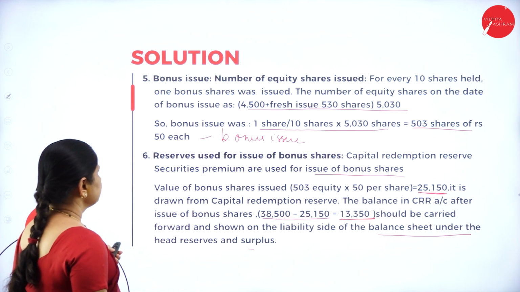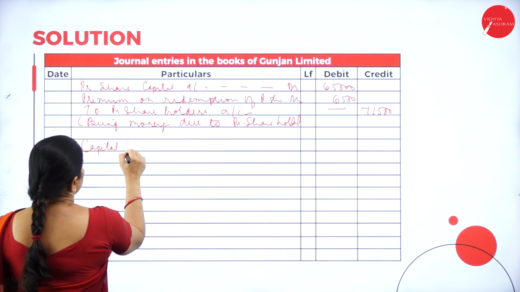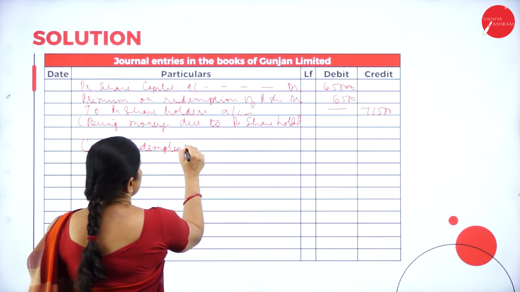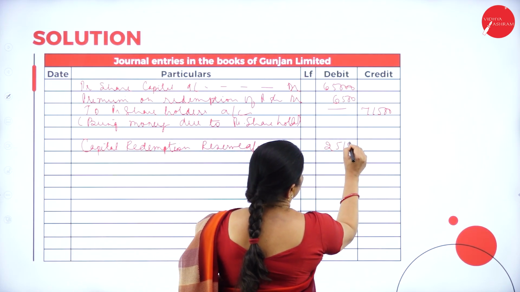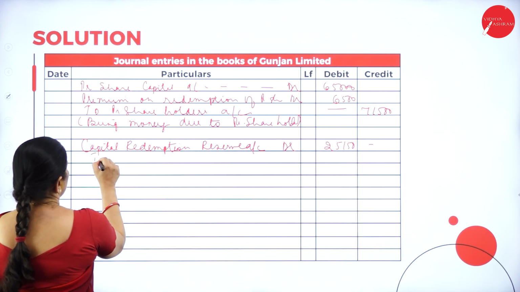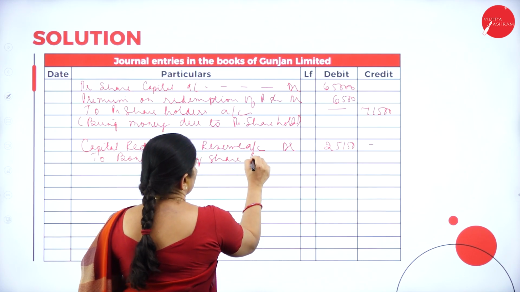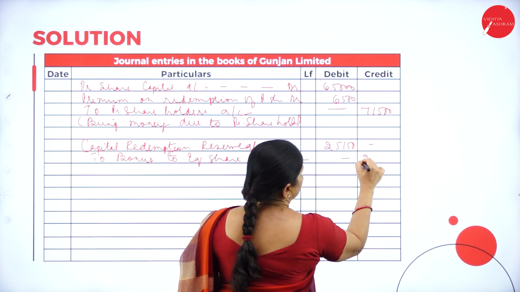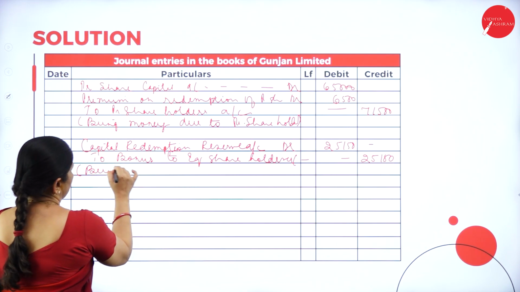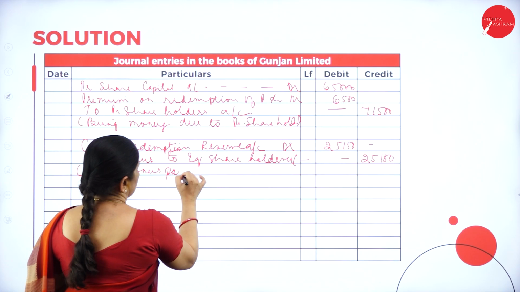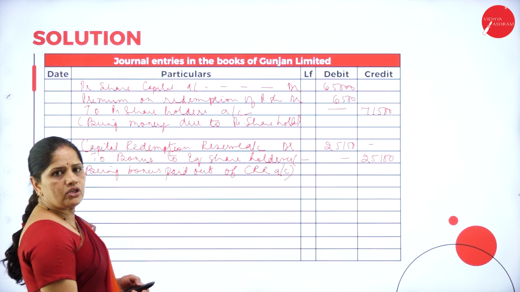So I write capital redemption reserve account debtor 25,150 to bonus to equity shareholders account, 25,150, being bonus paid out of CRR account.